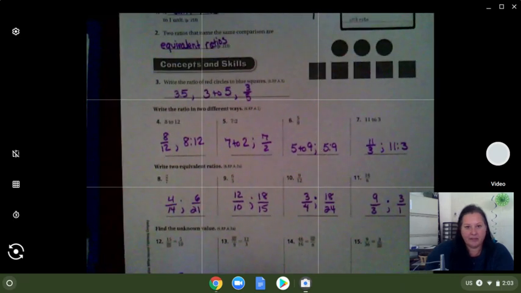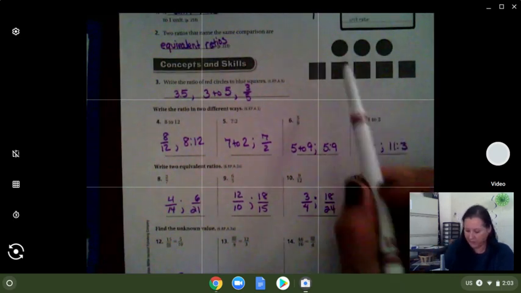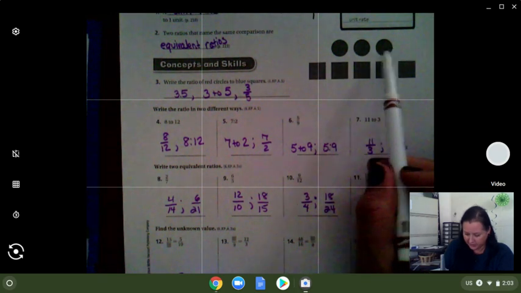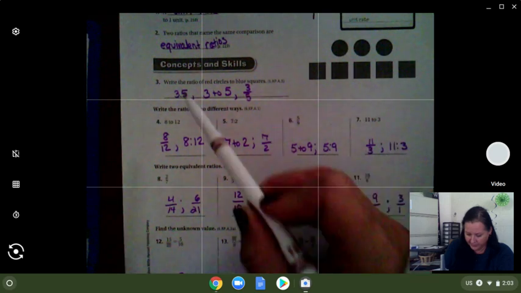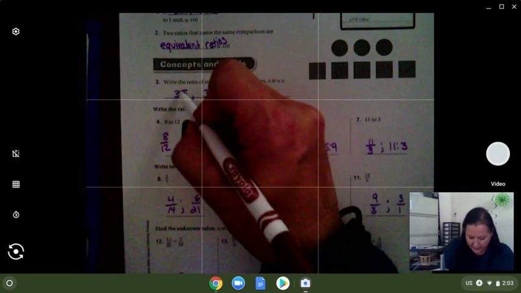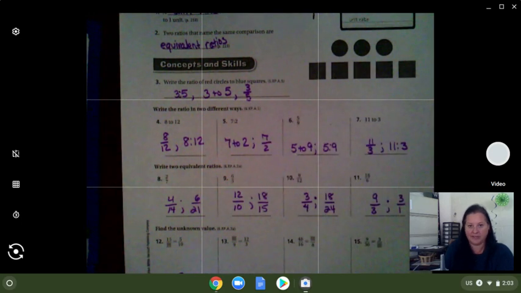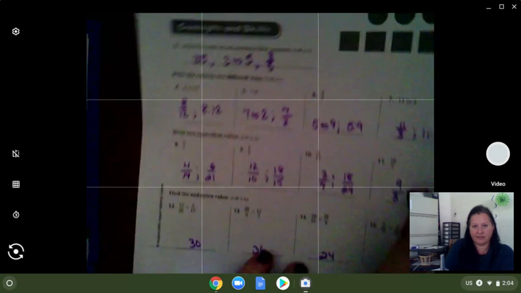Number 3, we're comparing the squares to the red circles. So it's 3 to 5, and that can be written as 3 to 5 with a colon, 3 to 5 with a word, or 3/5 as a fraction. We're going to write these ratios in 3 different ways.